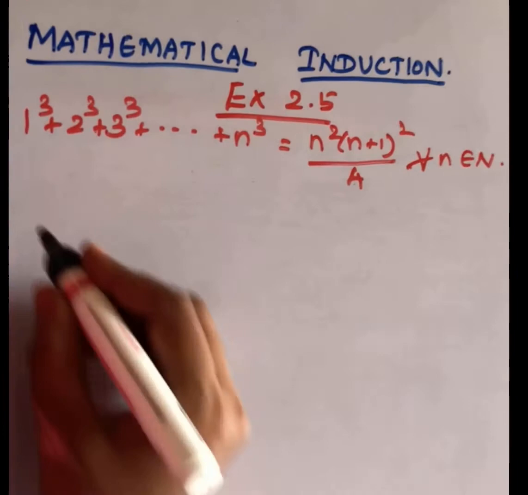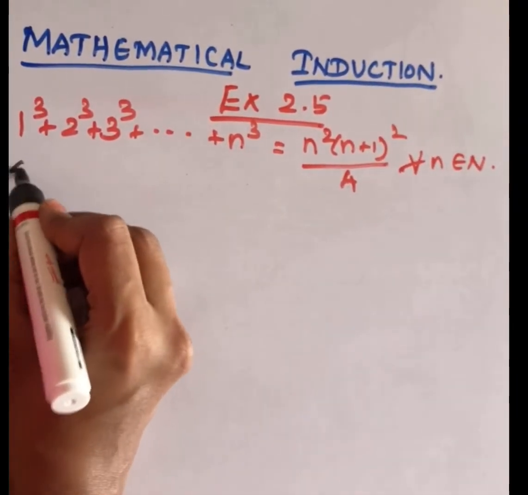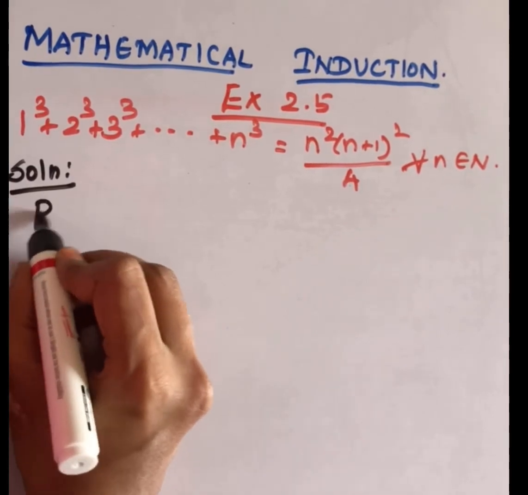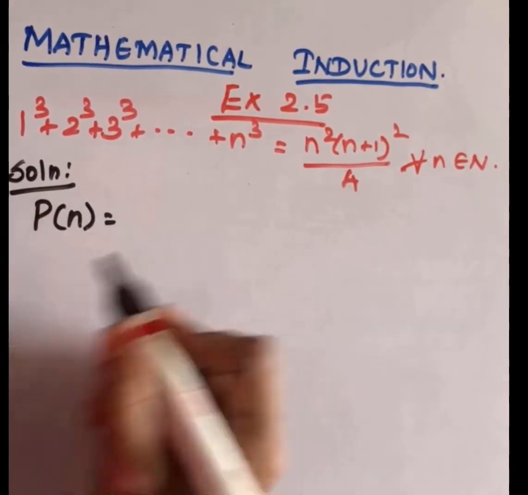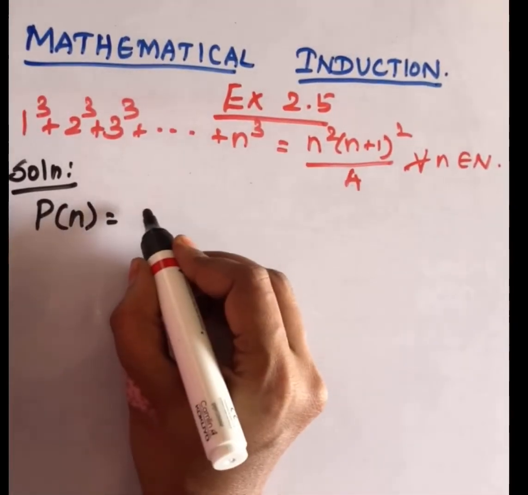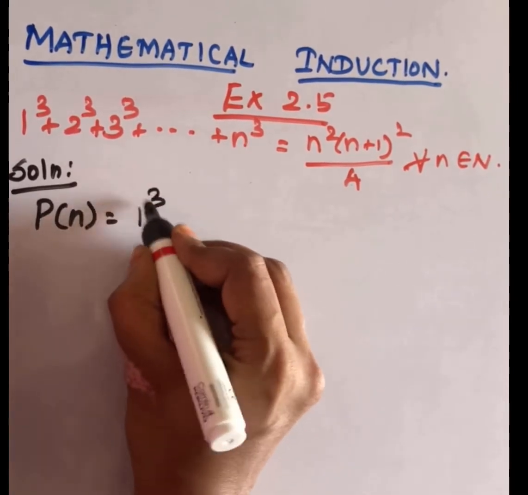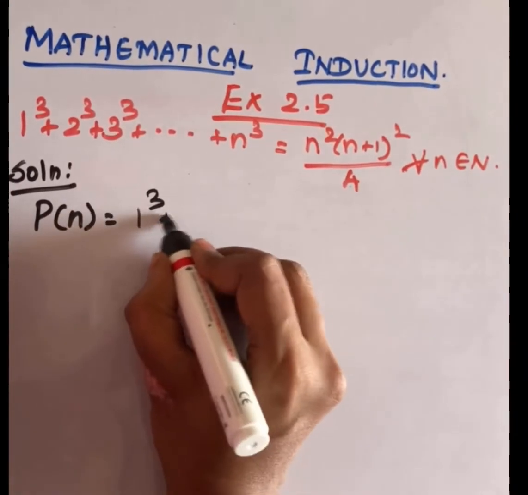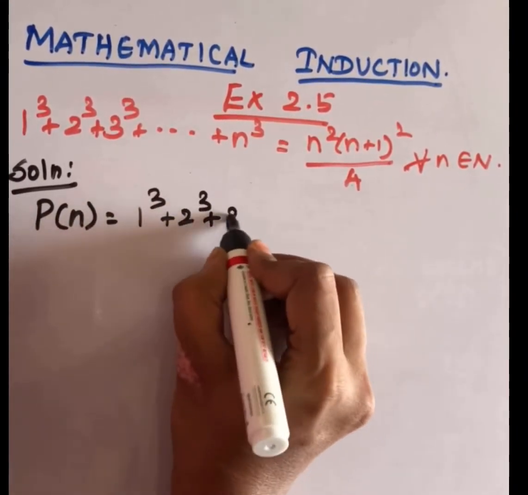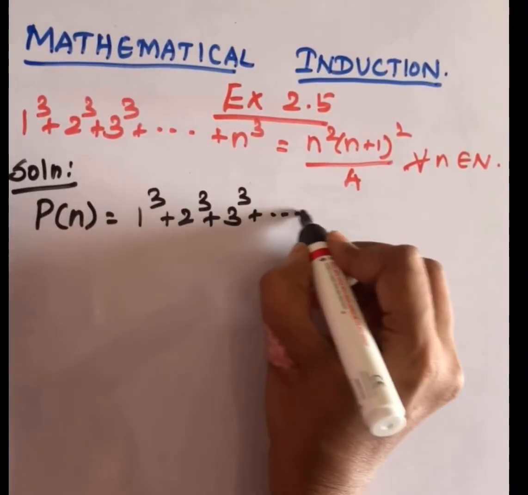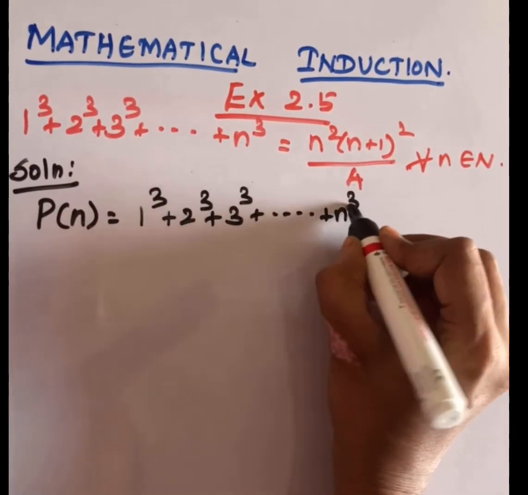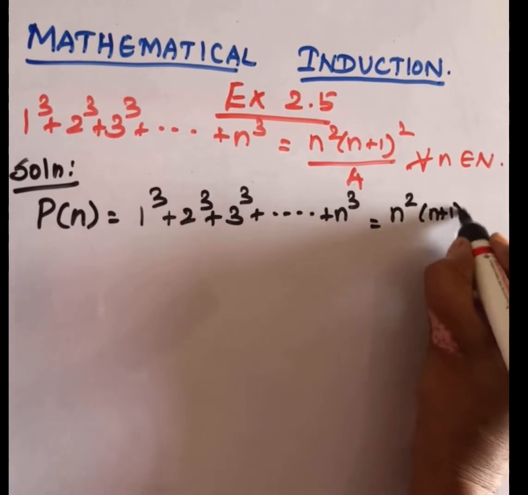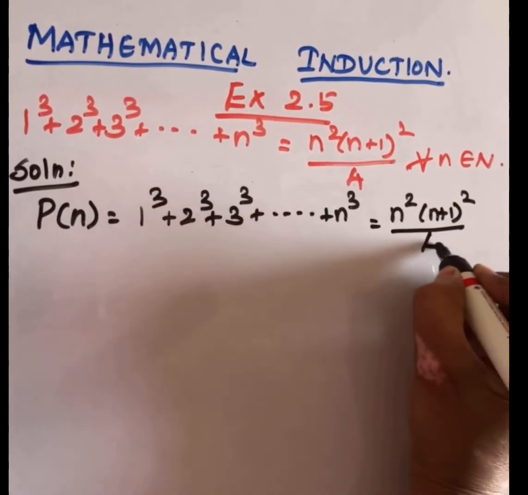So what is the first step? We have to define P of n. P of n is the given statement, that is the problem: 1 cube plus 2 cube plus 3 cube and so on up to n cube is equal to n square into n plus 1 the whole square divided by 4.